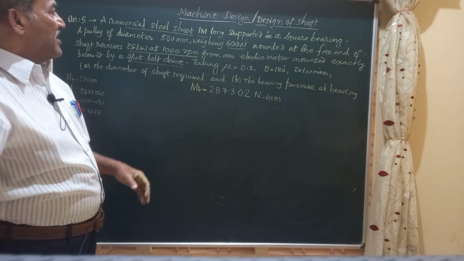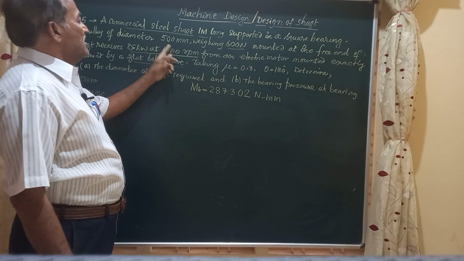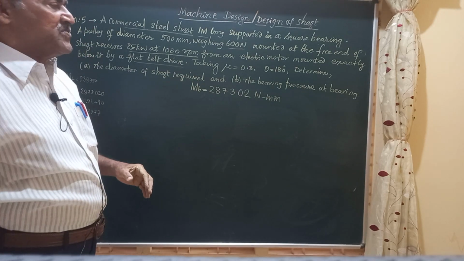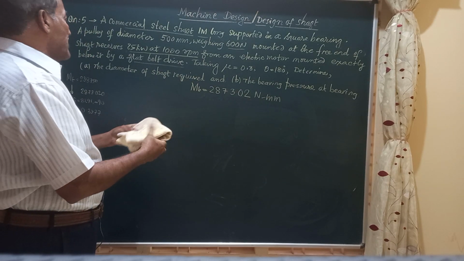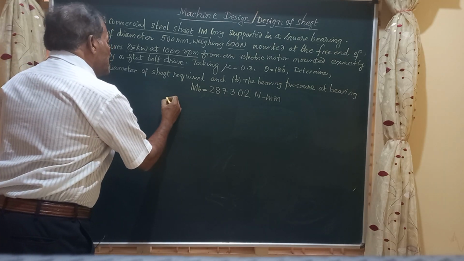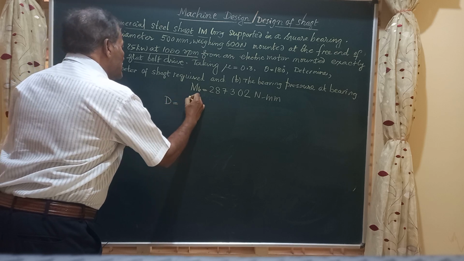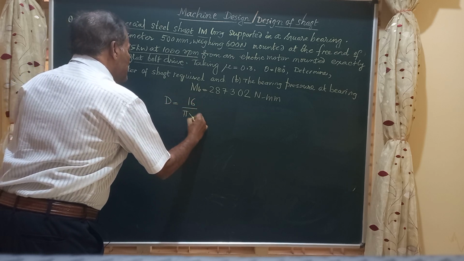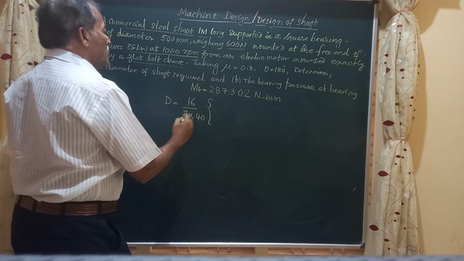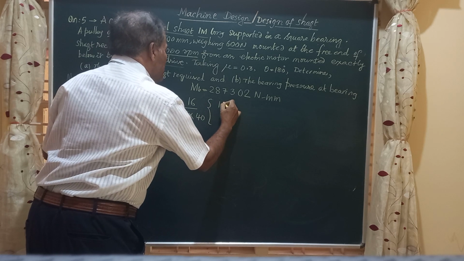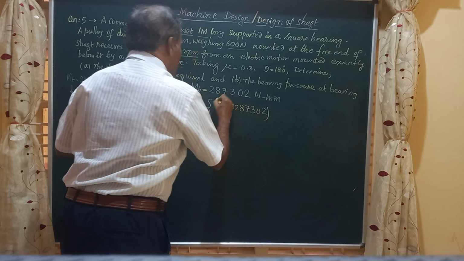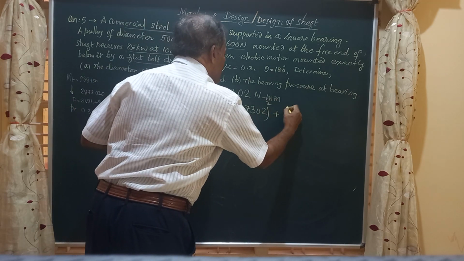Friends, we have calculated MT, we have MB, and by substituting in the formula for the diameter D, we will be able to calculate the diameter of the solid shaft required. Therefore, we will substitute. So D is equal to 16 over pi into tau d, that is 40, then you have KBMB whole square. KB is 1.5, MB is 28730, square. KBMB square plus KTMT square.